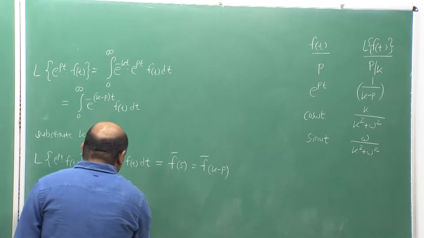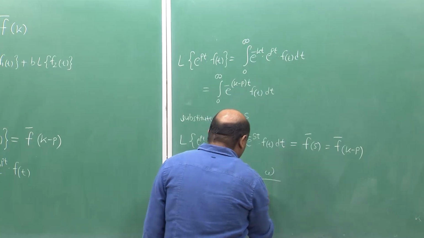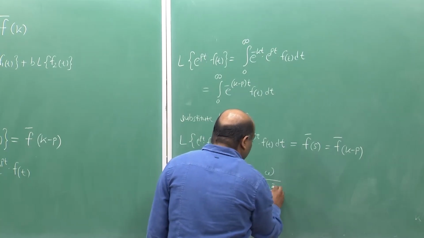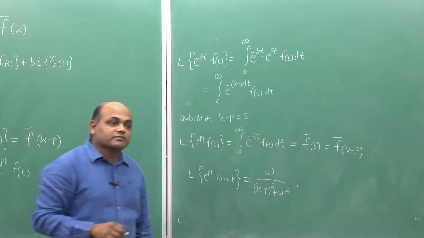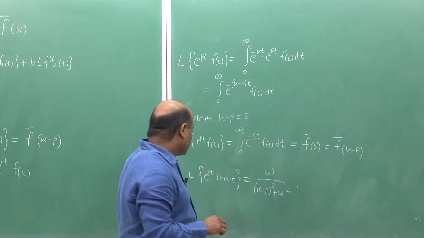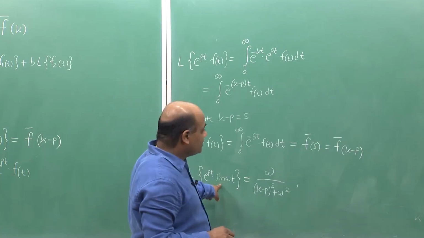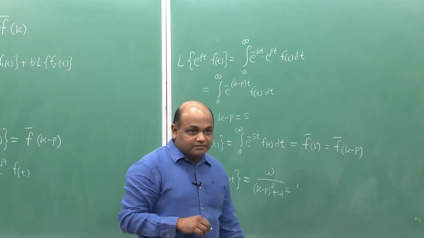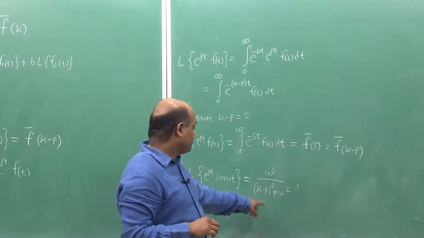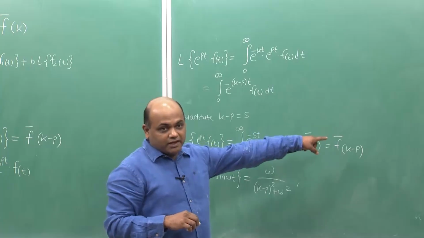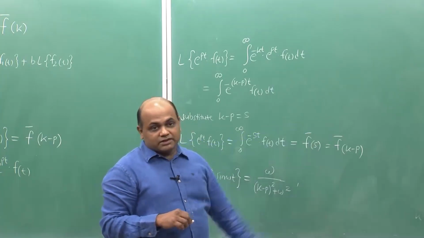So, that should be equal to omega over k minus p square plus omega square. Similarly, what will be the Laplace transform of e to power p t times cos omega t? You have to substitute k with k minus p. So, it will be k minus p divided by k minus p square plus omega square.